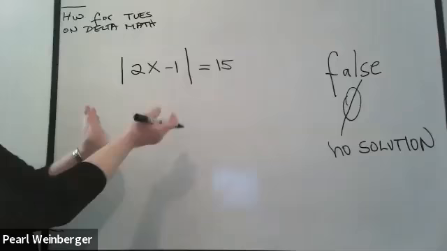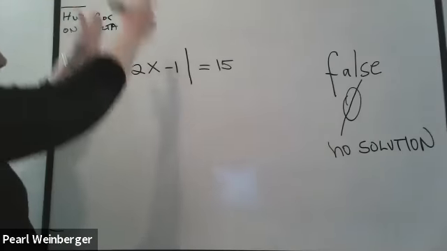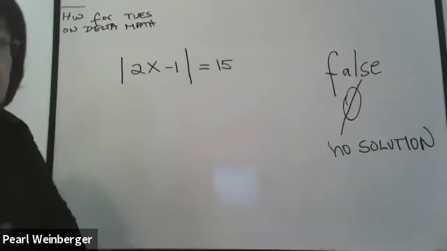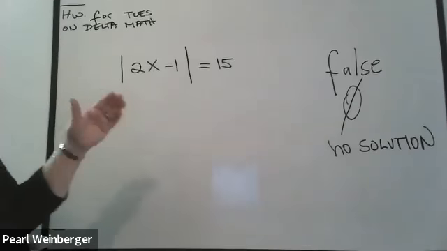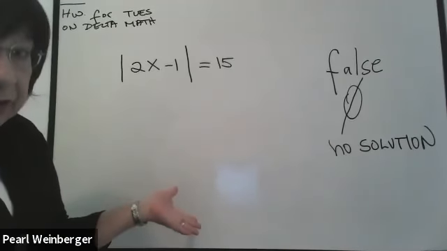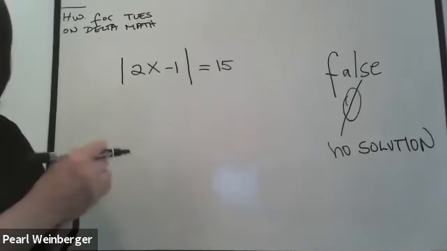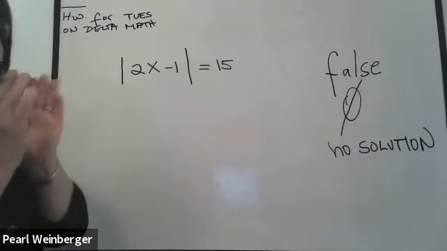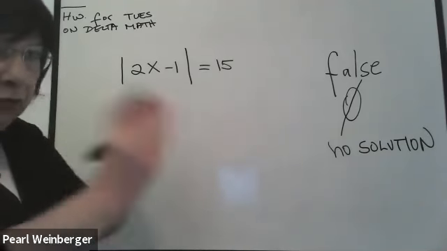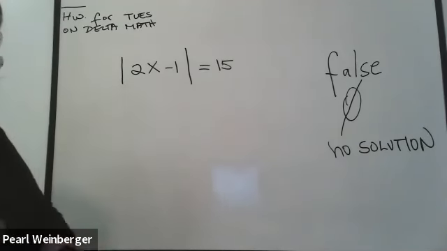And notice I don't have parentheses. I have these two straight lines. That's the absolute value sign. It's more complicated than what we did until now, but we're going to see that the steps we use to solve it are basically what I just told you before.